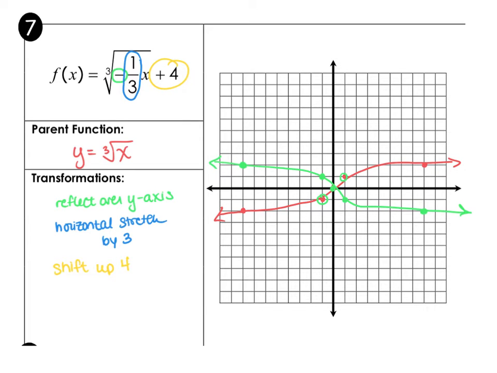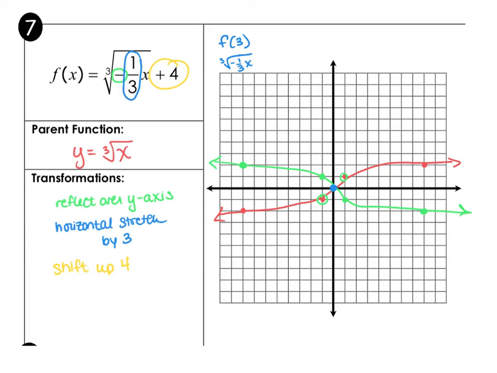All right, the horizontal stretch by 3 gets a little trickier. So these are the ones where you might want to start thinking about putting in points. If I'm just talking about the cube root of negative 1/3 of x, I'm not going to worry about the 4 quite yet, but I'm thinking about what's going to happen if I put in an x of 3.